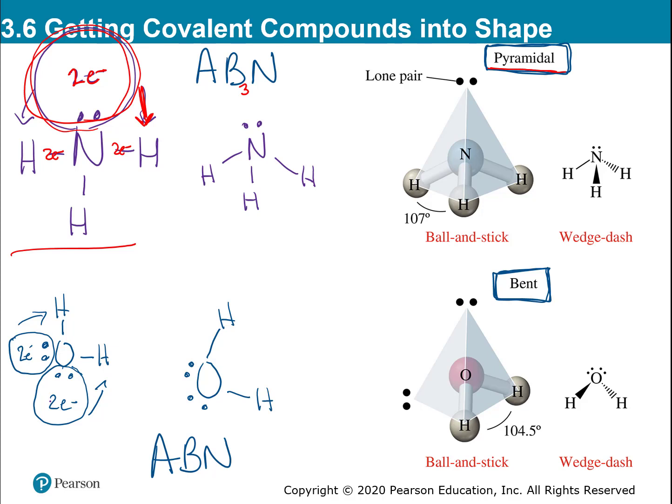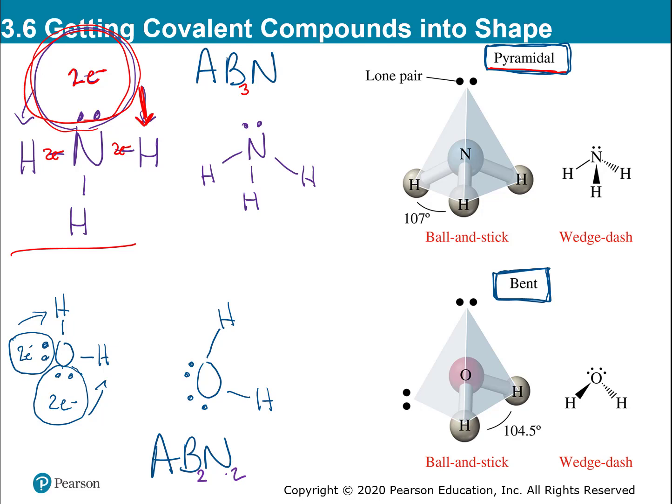So for the ABN, what would it be? If oxygen's A, how many groups connected? 2, so it'd be AB2, and how many non-bonding pairs? 2. So this would be AB2N2. You could put yourself a note: if oxygen has 2 single bonds, it'll always have 2 pairs of non-bonding electrons.